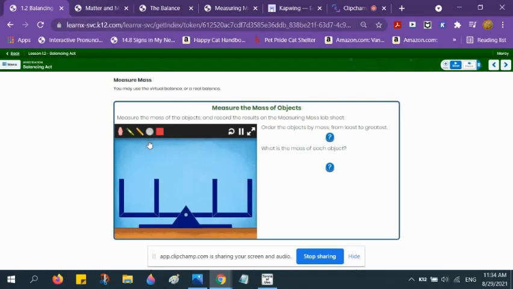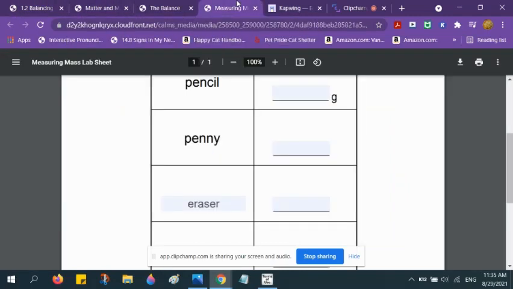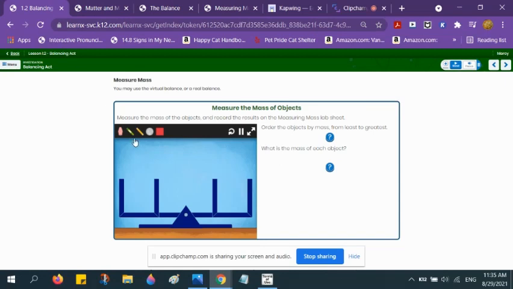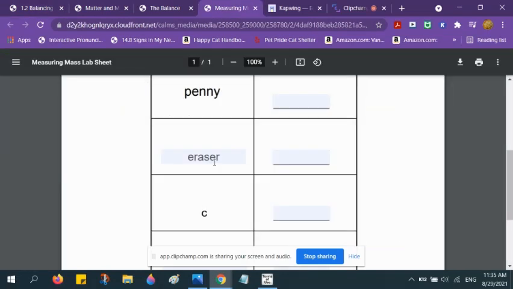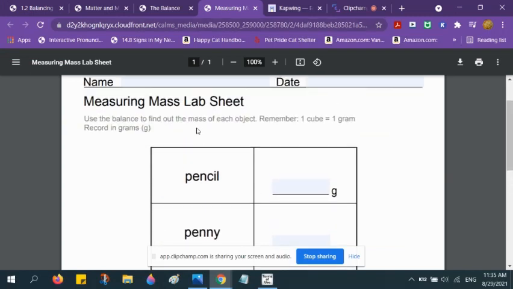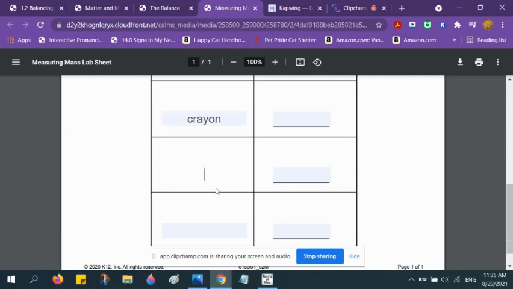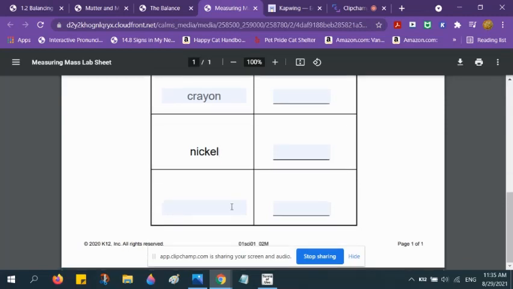So, remember what this coin is? A nickel. Good. But we know a penny is 3 grams. Crayon. Okay, we have a pencil, penny, eraser, crayon. Here we can write a nickel. And then right here, just going to put the cube in there. Cube.